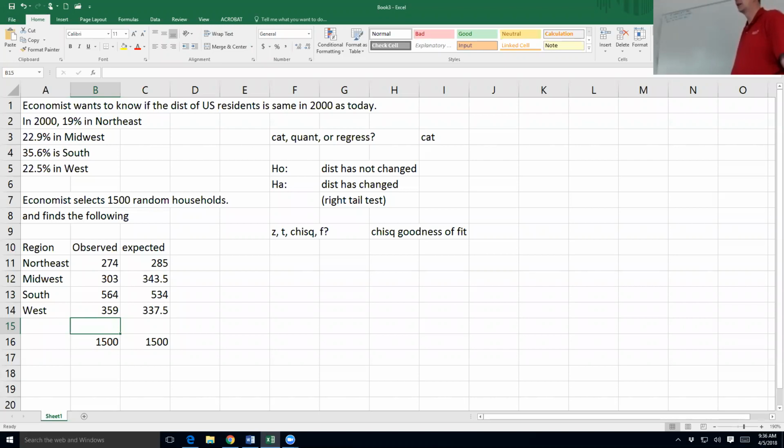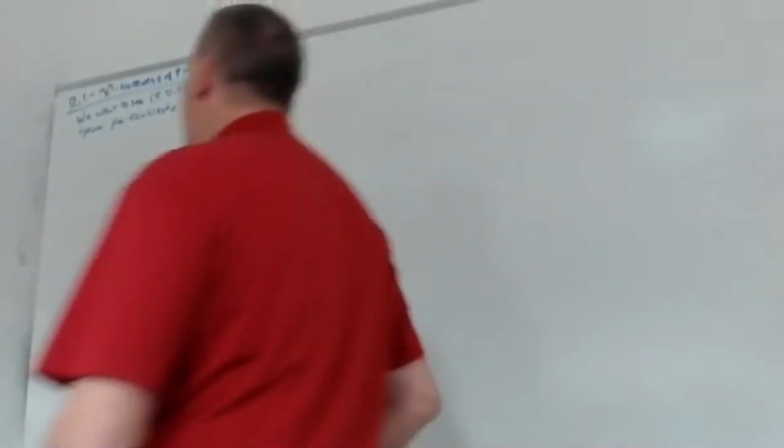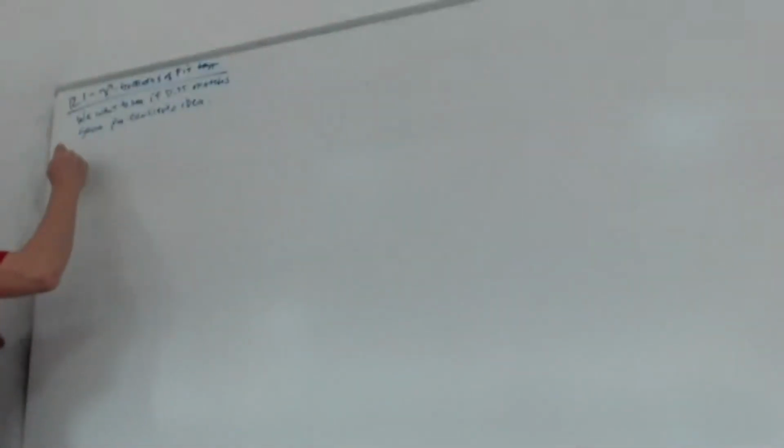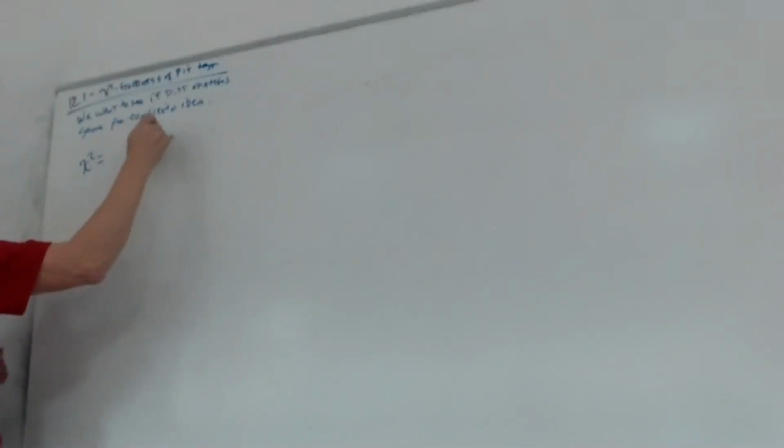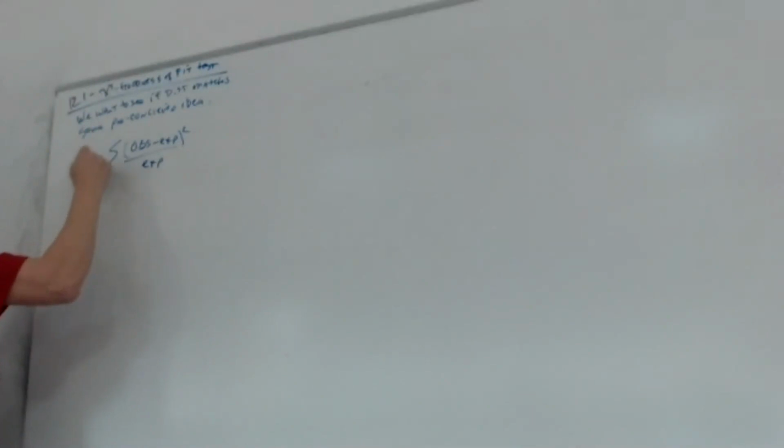All right, now here's where I need to give you the equation. The chi-squared goodness of fit test: chi-squared equals the sum of the observed minus the expected, squared, divided by the expected. That's your new equation that we're going to be using today.